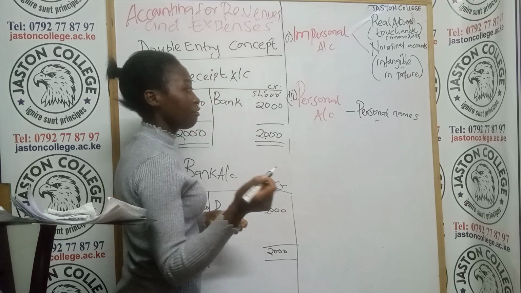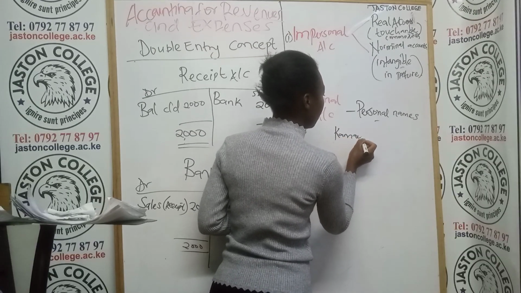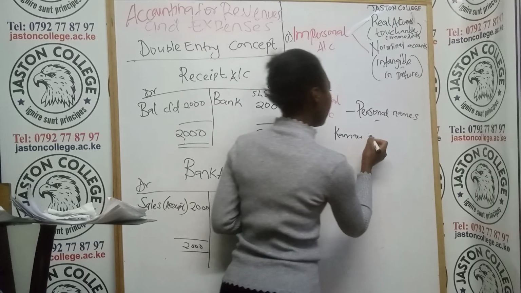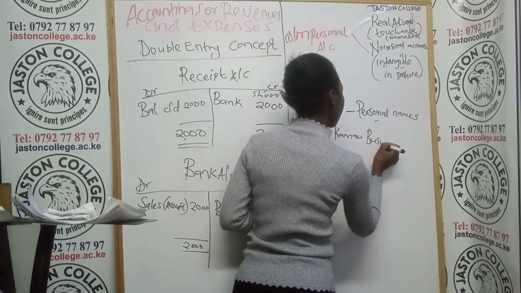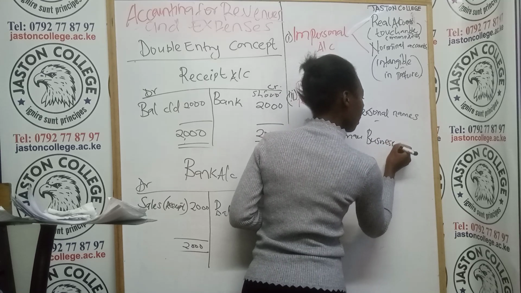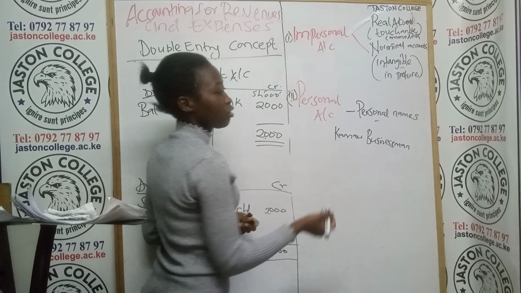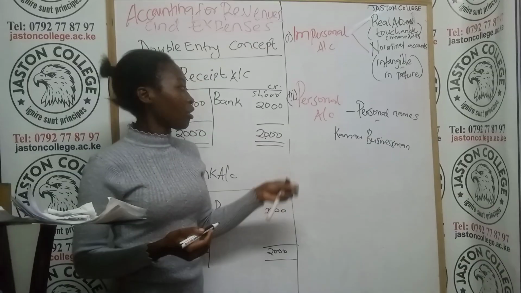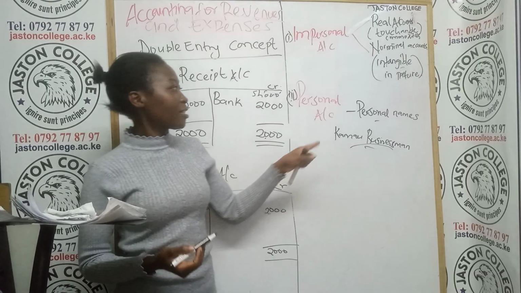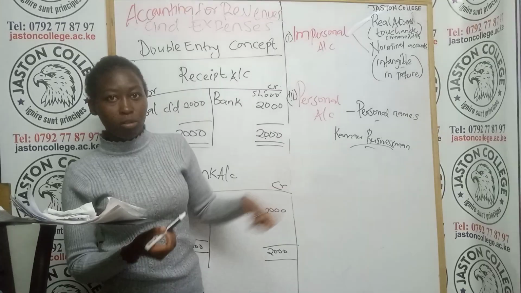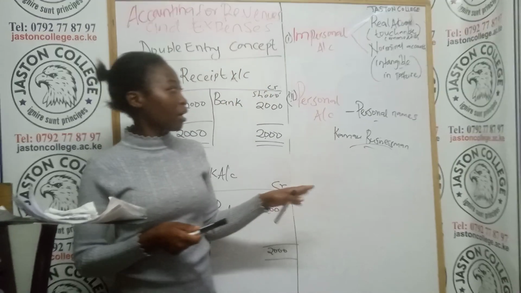We can have Kamau, businessman, sole proprietor. So this business has a name, but this name is personal. So that's what we mean by personal account.